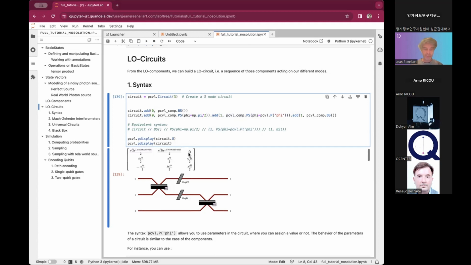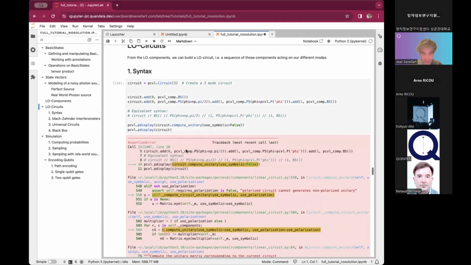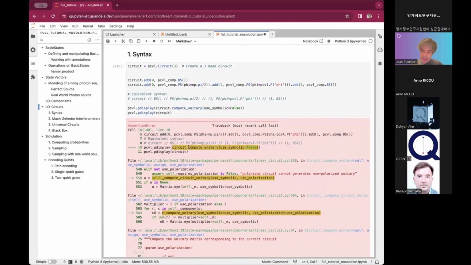This is the unitary of my circuit, and you see that it's a symbolic unitary here. Then we can display the circuit itself. If you want to display the numeric unitary, use symbolic equal false.